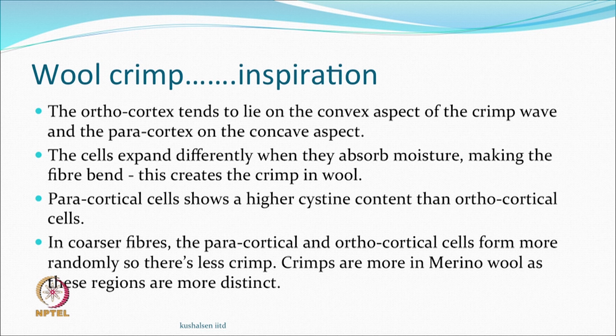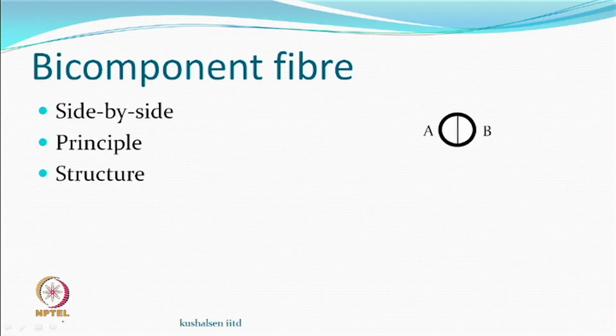So, that is inspiration. These days people take a lot of inspiration from nature and then try to do exactly the same thing. Although this is the job of fiber manufacturers, you have something called a bicomponent fiber. If you have a side by side kind of thing, bicomponent fibers could be a C island structure, you could have split structures.